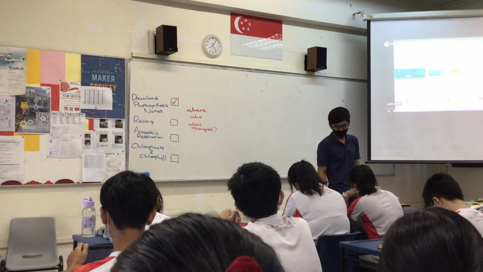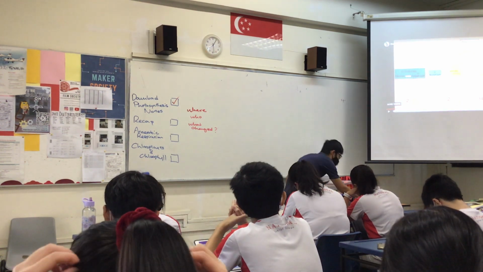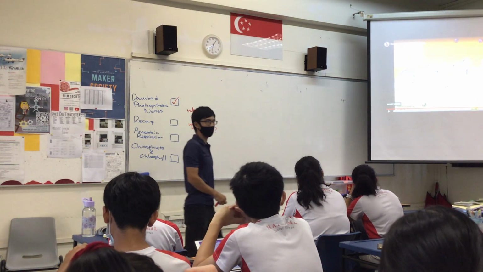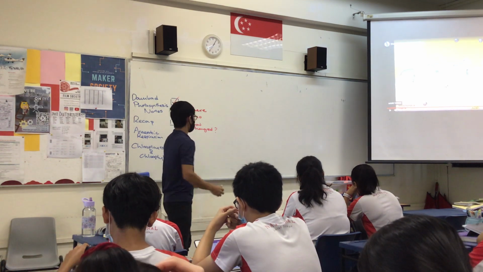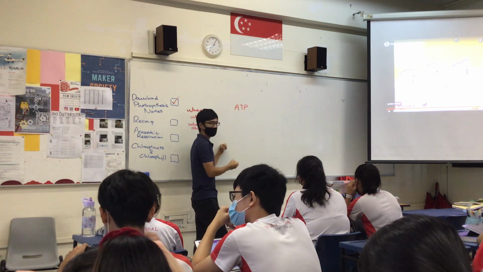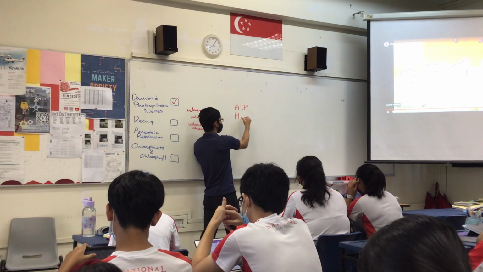Okay. So what are the byproducts of oxidative phosphorylation? At the end of all this, what will we produce? Okay, we produce a lot of ATP. Anything else? Okay, water. That's part of the product.